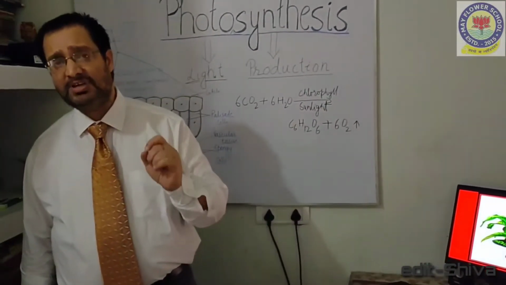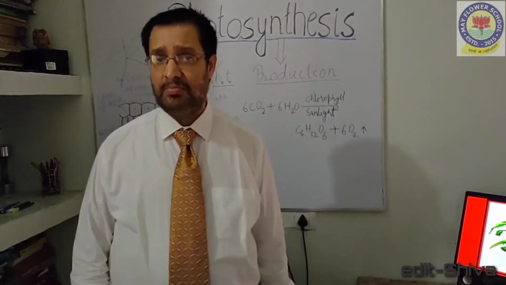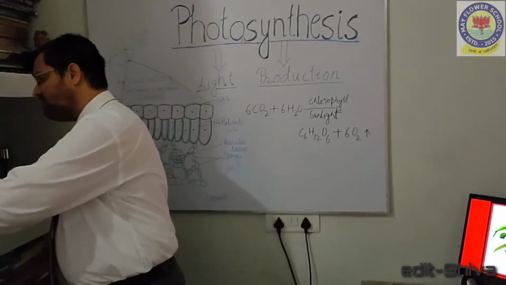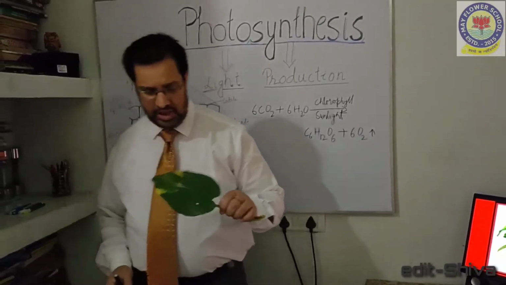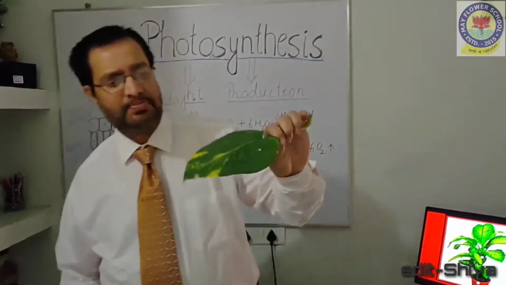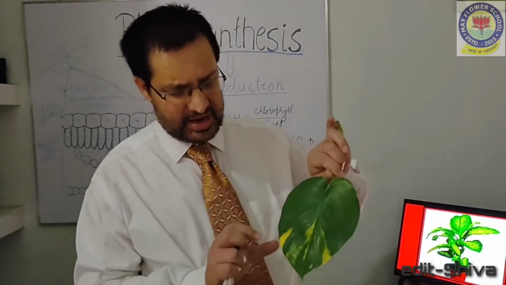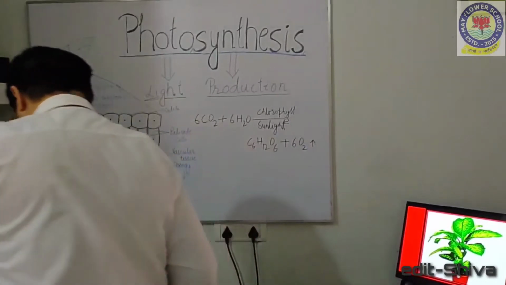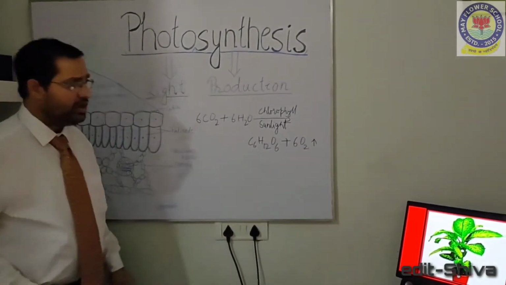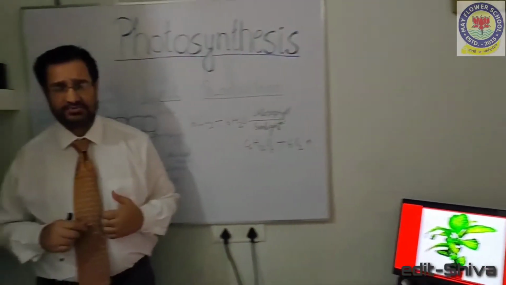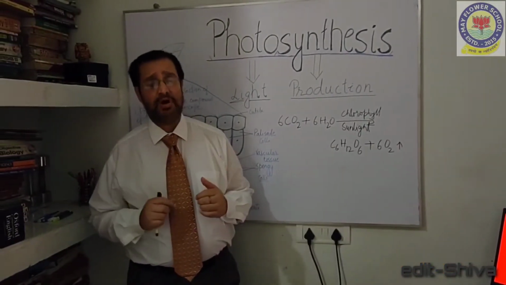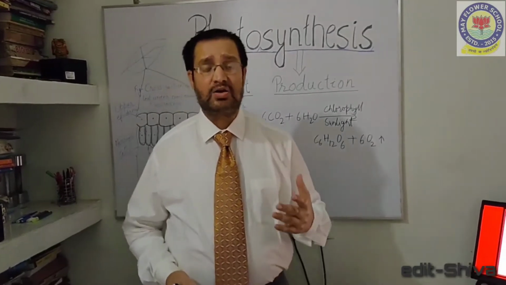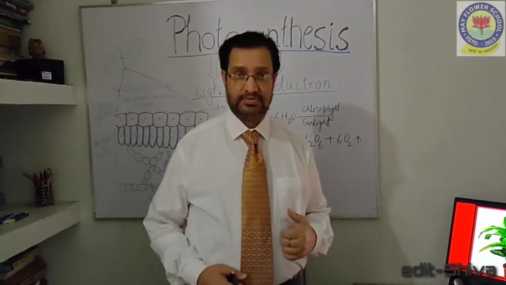Actually, the leaves are generally green in color, but some of the leaves have many colors. Like you can see this leaf, which is a money plant leaf, having green color and yellow color too. In the croton leaves, you will see different colors. Such types of leaves which have different colors are called variegated leaves.